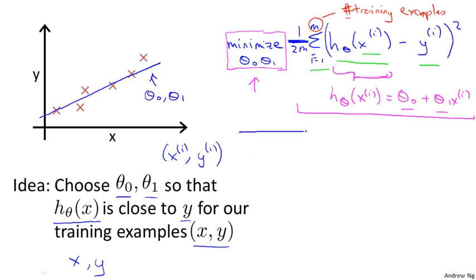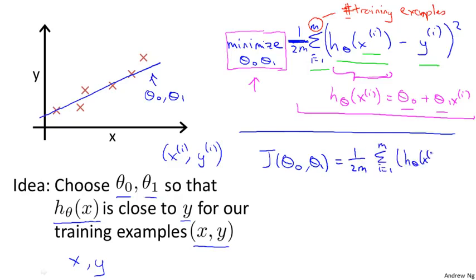And just to rewrite this a little bit more cleanly, by convention we usually define a cost function, which is going to be exactly that formula that I have up here. And what I want to do is minimize over theta 0 and theta 1 my function J of theta 0 comma theta 1.